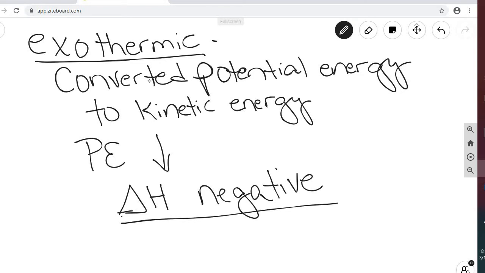Conversely, we can look at endothermic reactions.